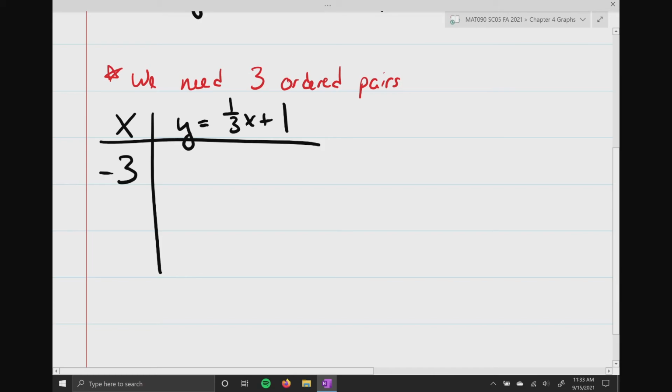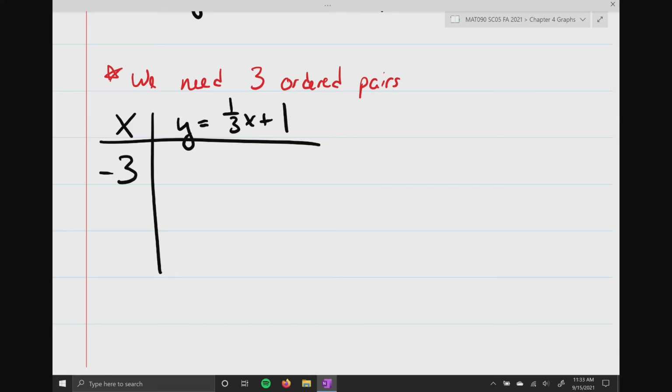Bingo. See, when I come across a fraction and I'm asked to pick x values, I can pick any number I want. I could pick 2, 18, 40,000. Doesn't matter. However, since I have a fraction, my eyes go right here to that denominator, and I'm going to pick multiples of 3 because I know I'm going to have to divide by it.